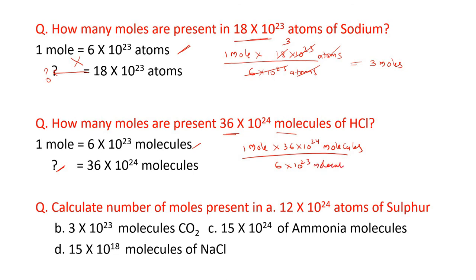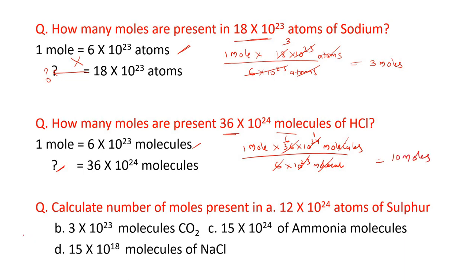Molecules cancelled. 6 ones are 6, 6 sixes are 36. 10 to the power of 23 cancels, leaving 10 to the power of 1, which is 10. Therefore, 10 moles will be the answer.